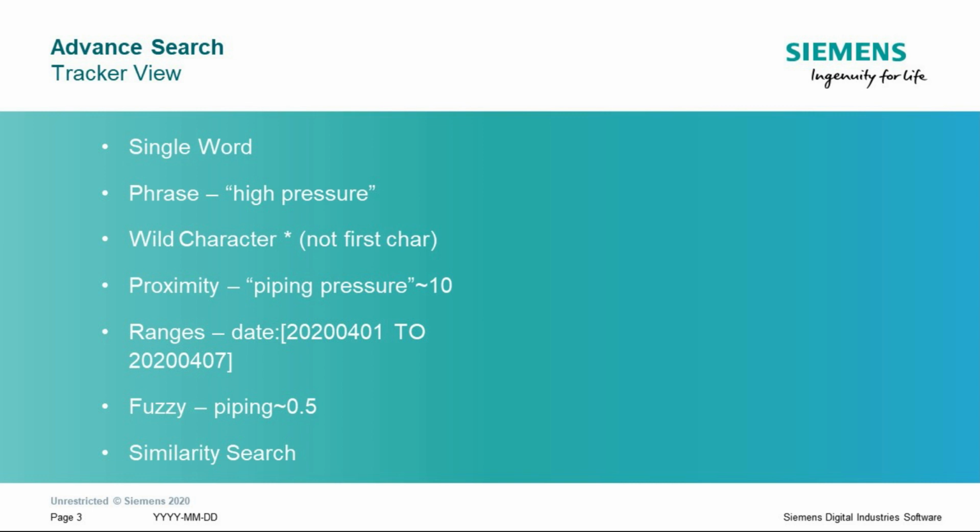So I can actually see phrases. This could be like, piping should have pressure no more than 10. So it would find that, because I'm asking it to look at piping, look at pressure, and give me a 10 spread here.